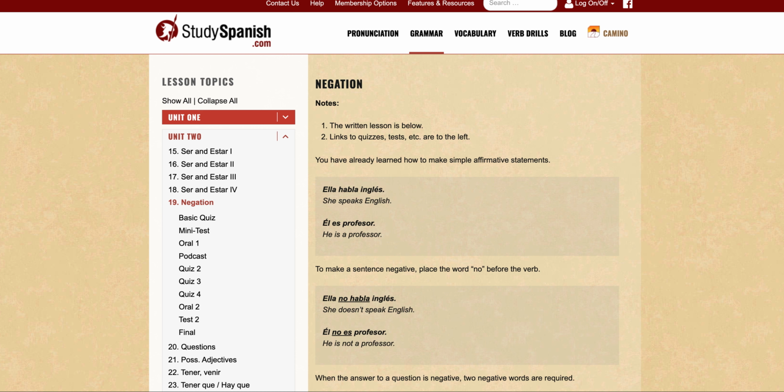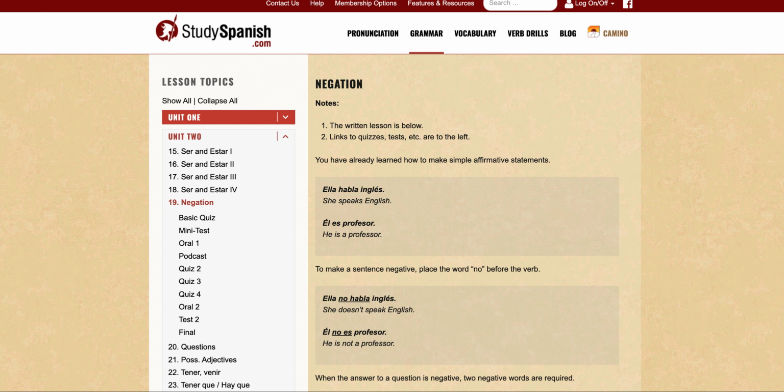So basically, I think we have seen about maybe 6 to 7 rules. The first one was how to negate an affirmative statement. We do that by first identifying the verb and then adding a no before that, or we precede the verb with no, right?